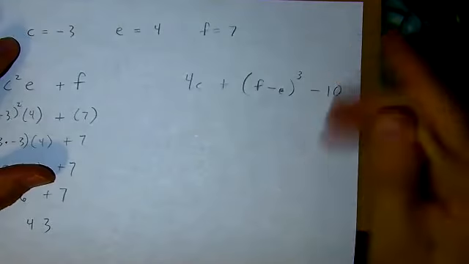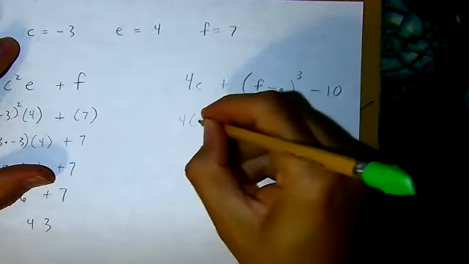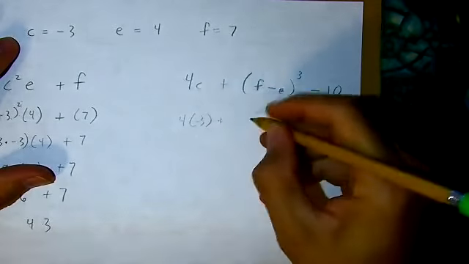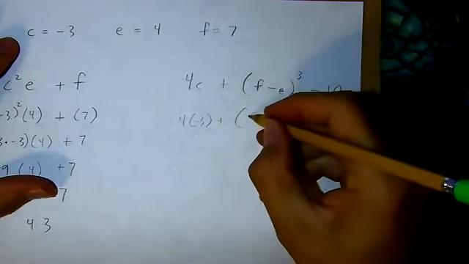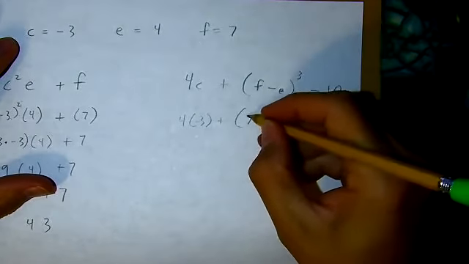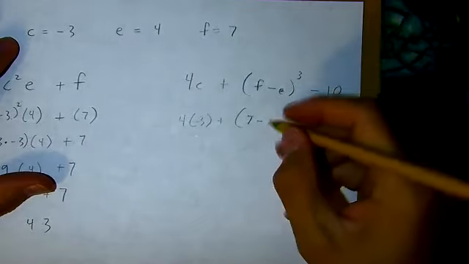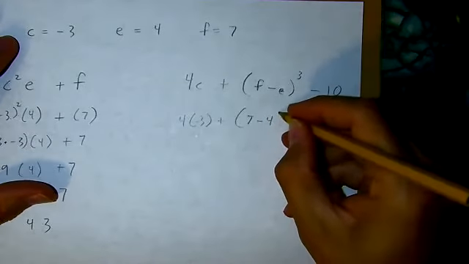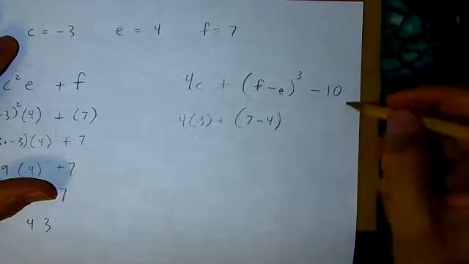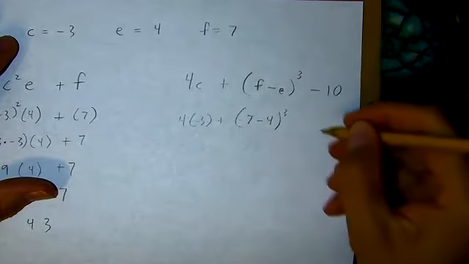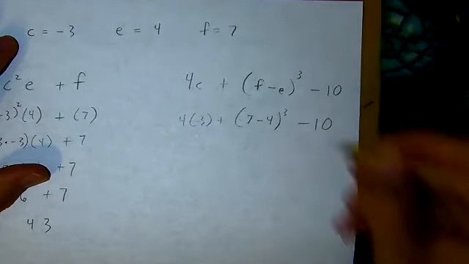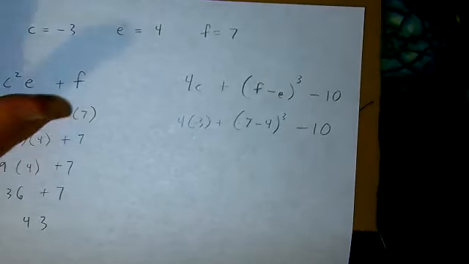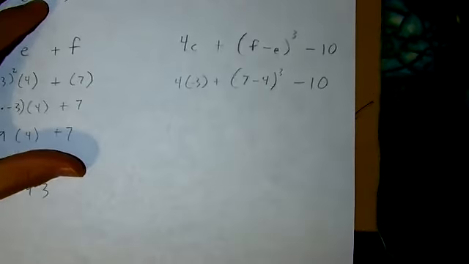So C is -3. F is 7. E is 4. Those don't really need parentheses, but you can put parentheses around each of those if you want. Don't forget your cubed.